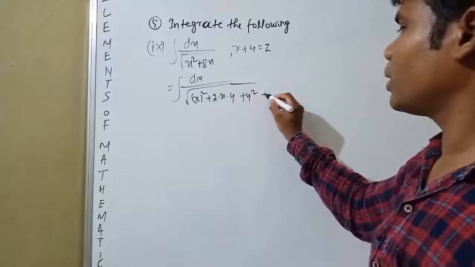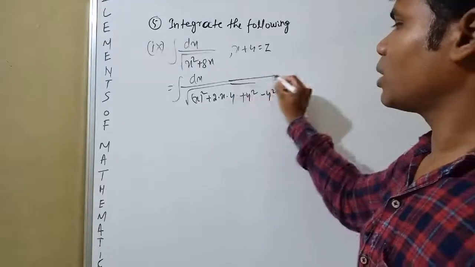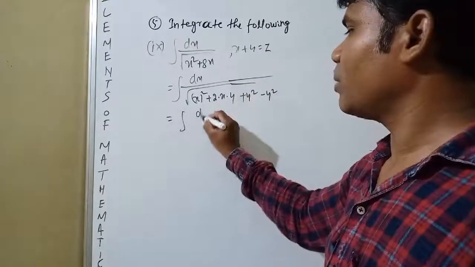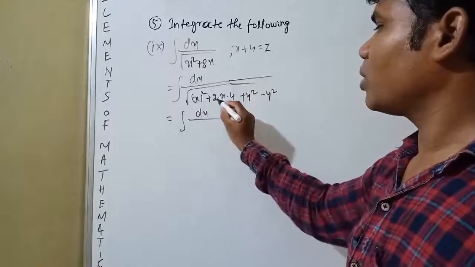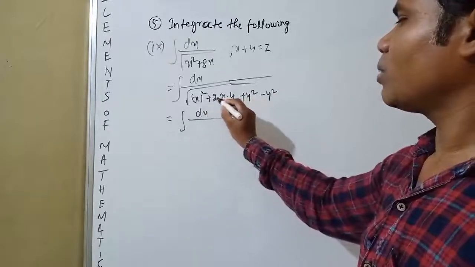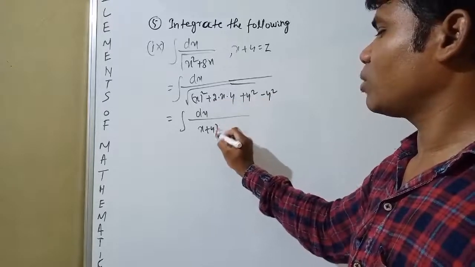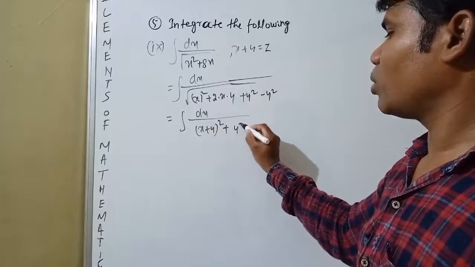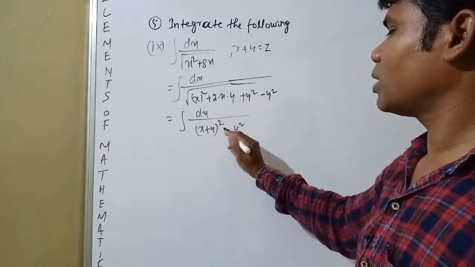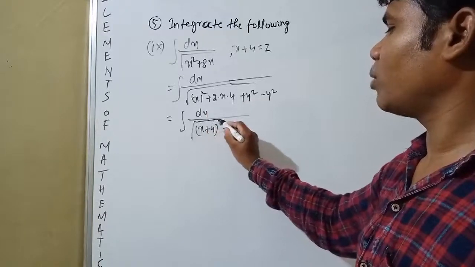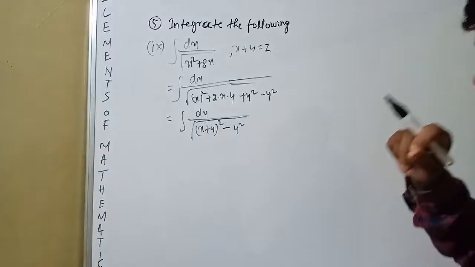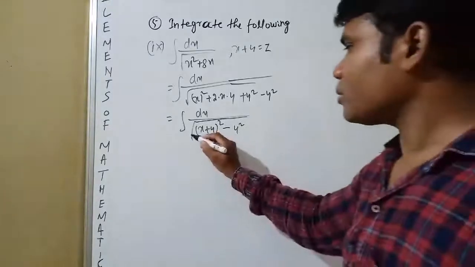You have added 4 square and subtracted 4 square. Okay, is equal to integration of dx by root over x square plus 2ab plus b square, up to this much we can get x plus 4 whole square plus 4 square minus 4 square, minus 4 square. Here you write root over.